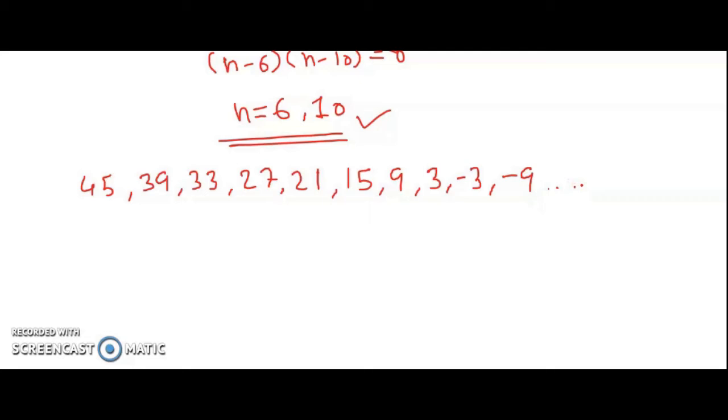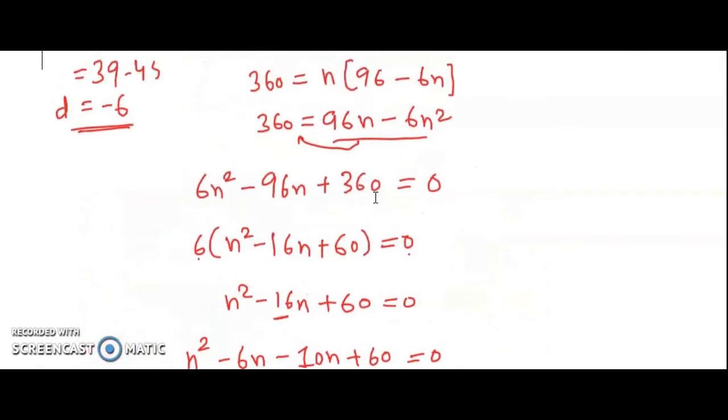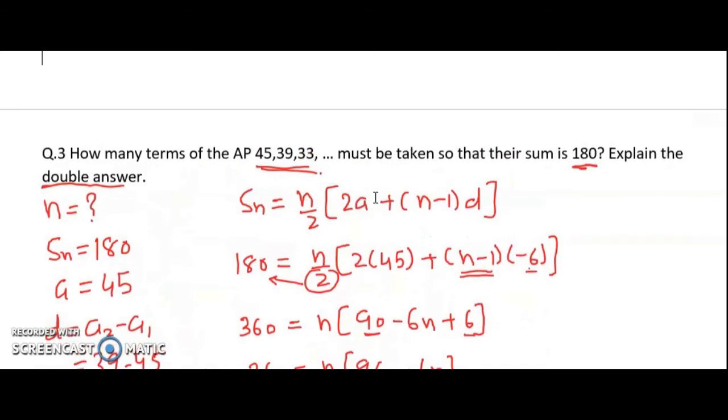So here if you take n equal to 6, meaning if you take the first 6 terms, 1, 2, 3, 4, 5, 6, if you take this many terms, then we will get the sum equal to 180.